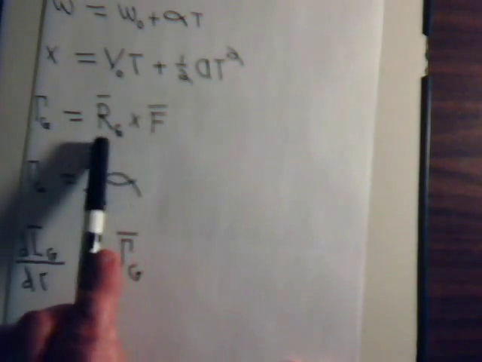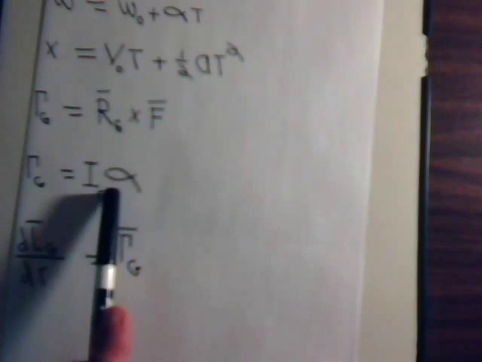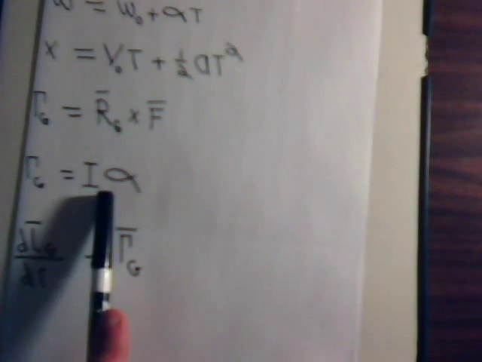And of course, we should all be familiar with these equations. The torque is a cross product between a position vector and a force. The torque is also equal to the moment of inertia times angular acceleration, and the torque is also the time derivative of the angular momentum.